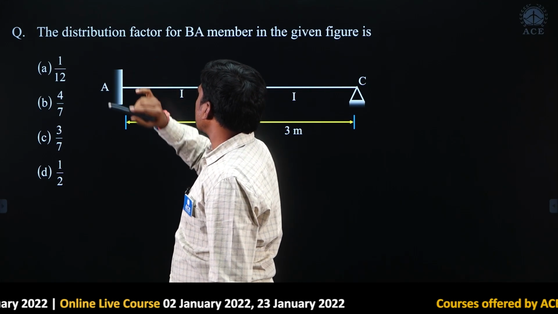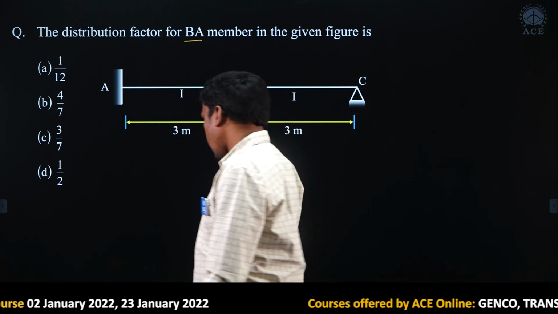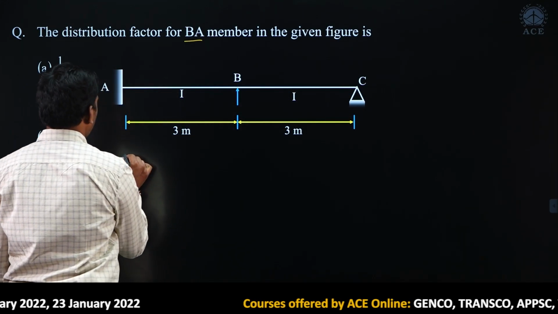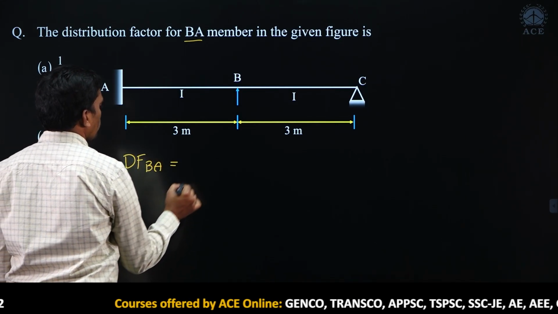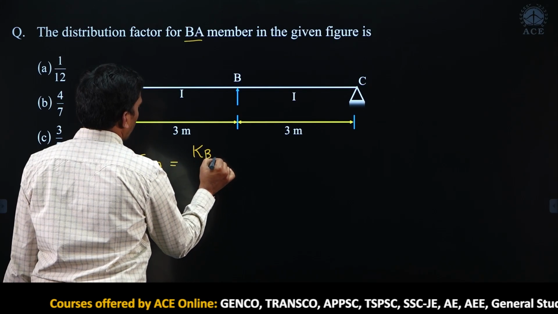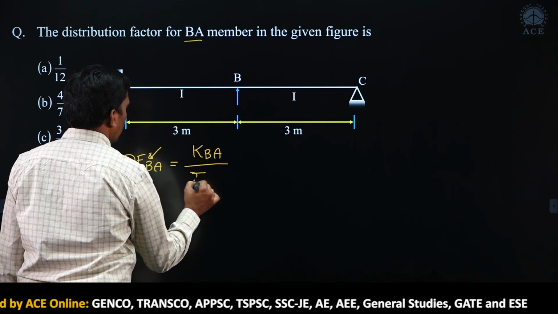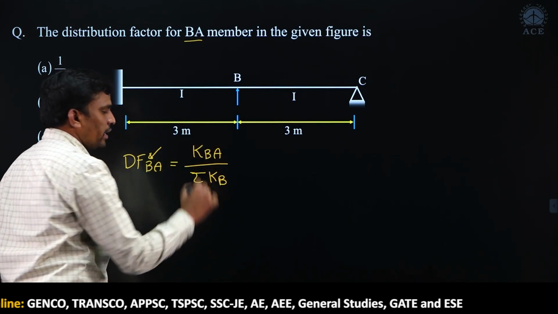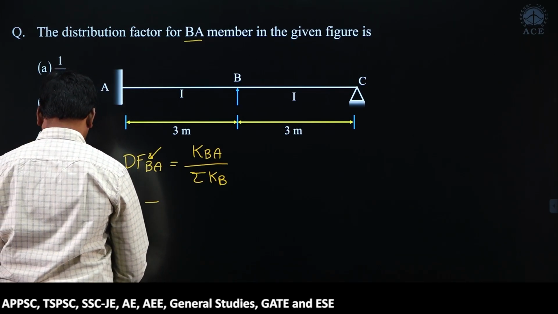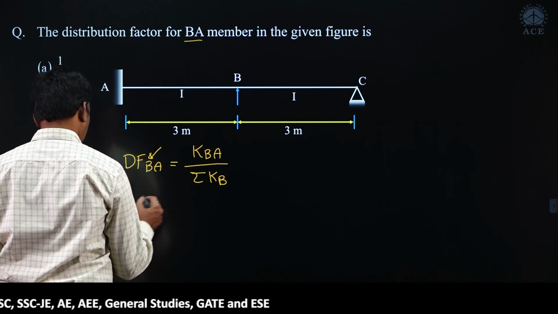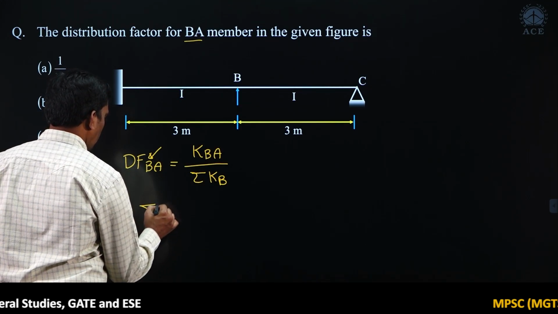He is asking to find the distribution factor for member BA. So how to find the distribution factor for member BA? Distribution factor for member BA equals stiffness for member BA over total stiffness at the joint. Which one is the first joint? B, right? At joint B, what members are meeting in this diagram?